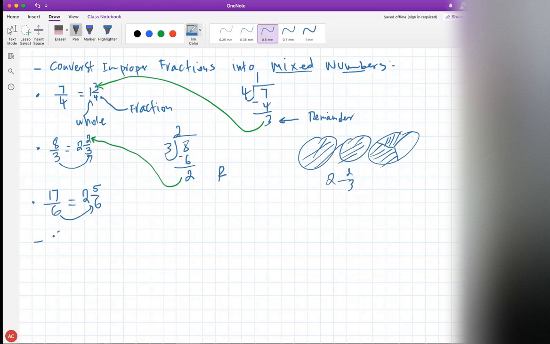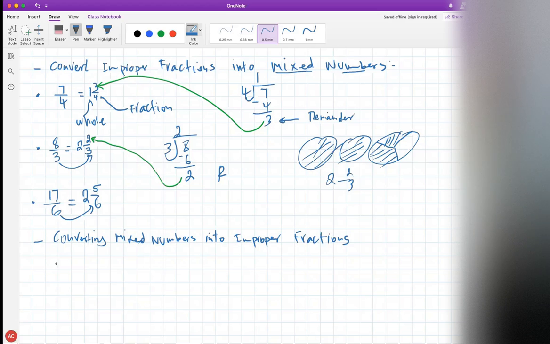So convert mixed numbers into improper fractions. Let's take the same examples and see how to turn them back.